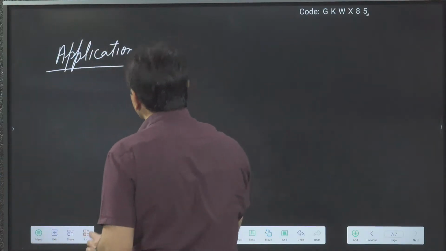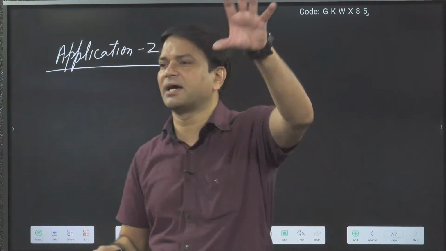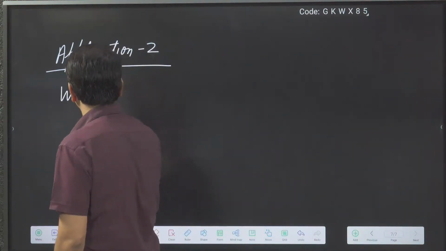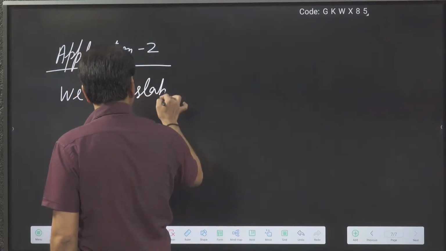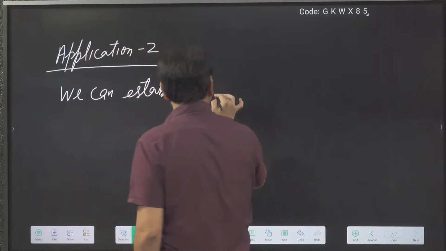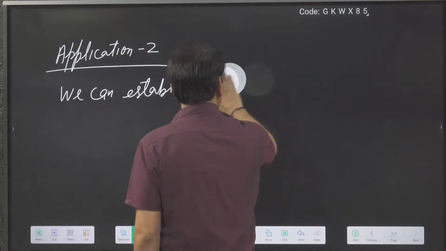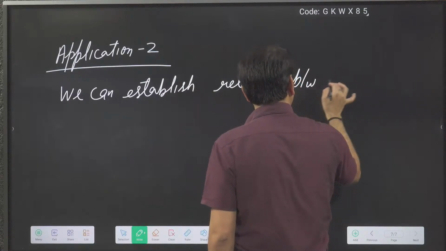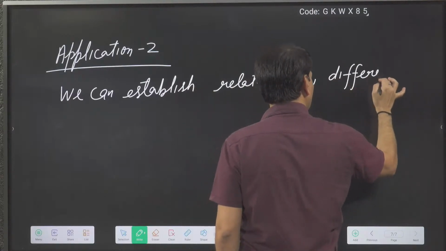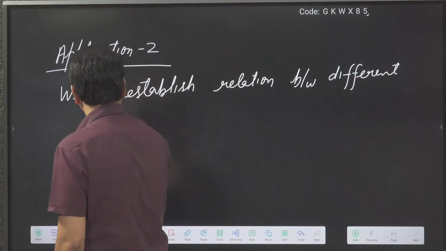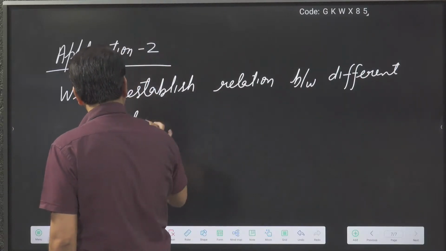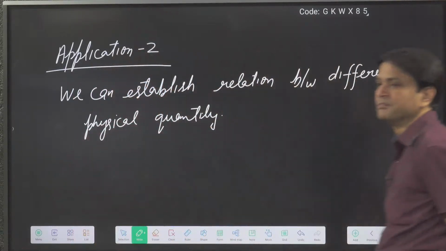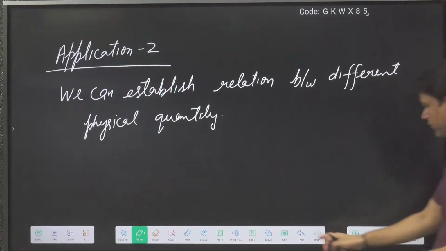And the solution of this type of problem will be the same as method 3 that I said in the last class. So we can establish the relation between different physical quantities.